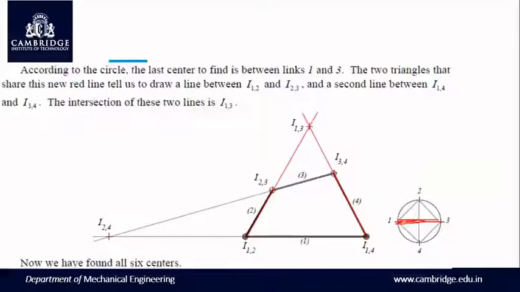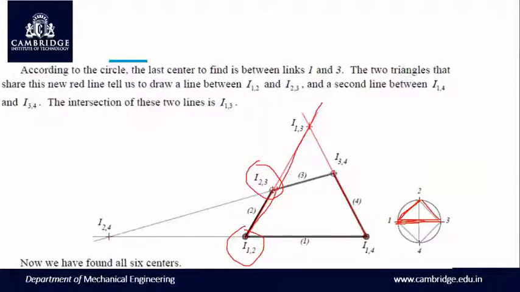So it indicates we need to join a line from I12 to I23. So I12 is here in the configuration diagram, I23 is here in this configuration diagram. Just join these 2 and produce a certain length line.